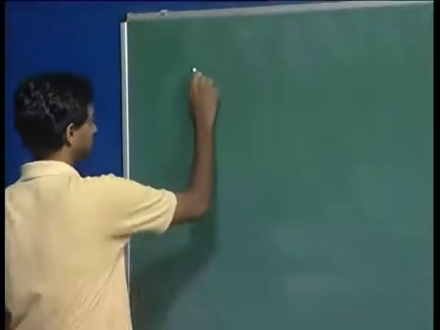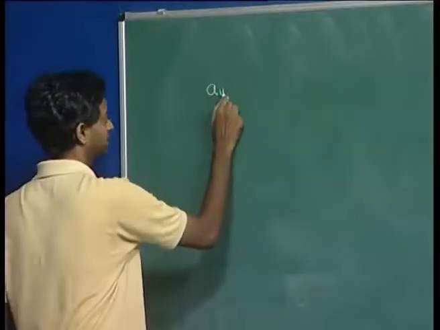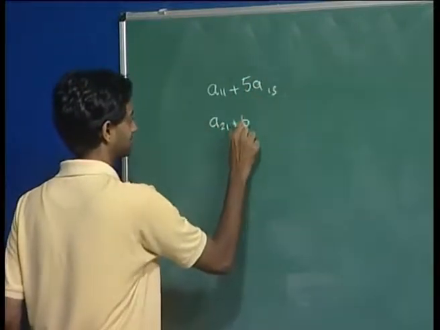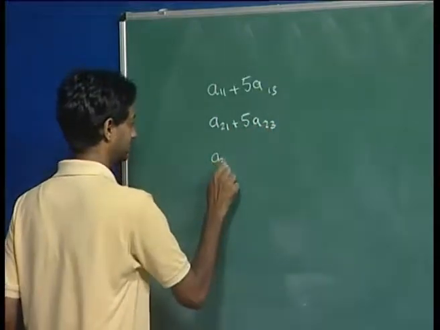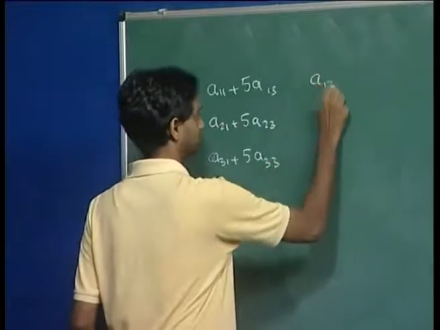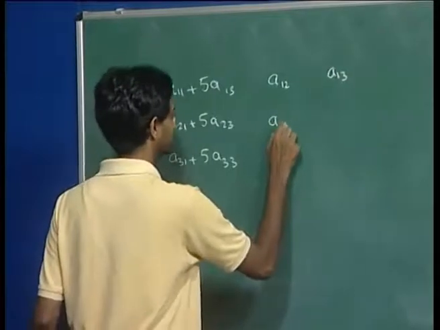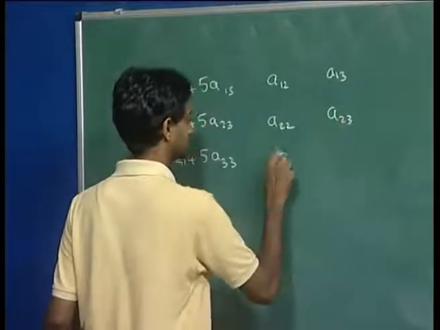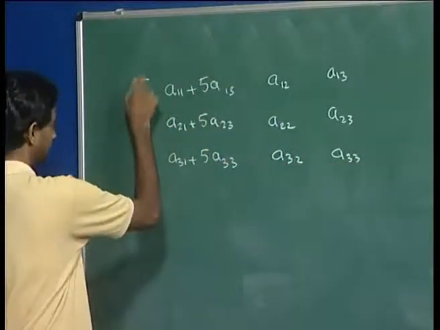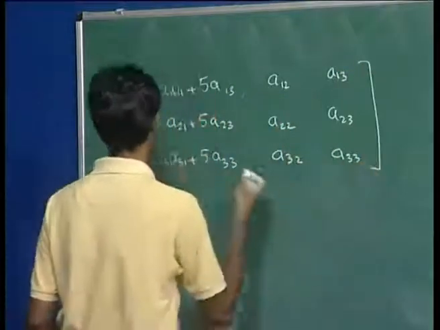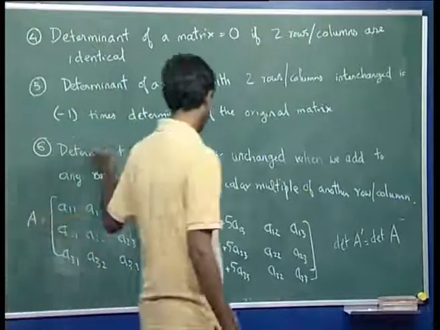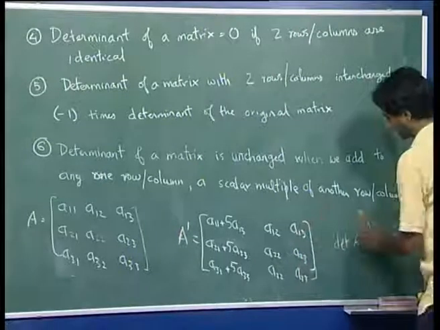Suppose I have A11 plus 5 A13, A21 plus 5 A23, A31 plus 5 A33, A12, A13, A22, A23, A32, A33, and I will call this A prime.